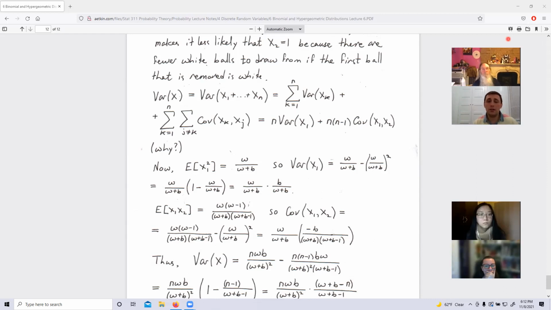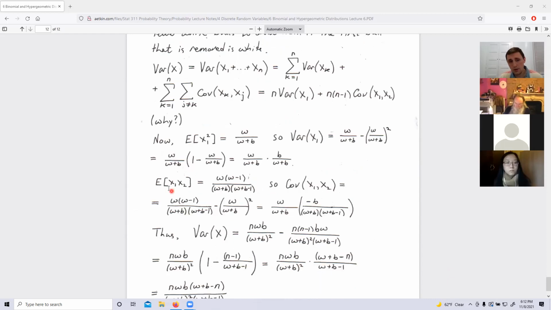What about covariance? I now need to figure out covariance. So I need the expected value of x1 times x2. That means that both of them have to be 1: x1 is 1 and x2 is 1. So how many possibilities are there combined?